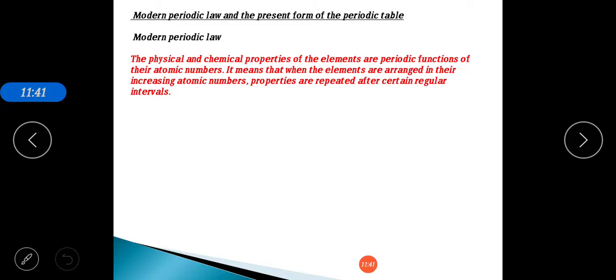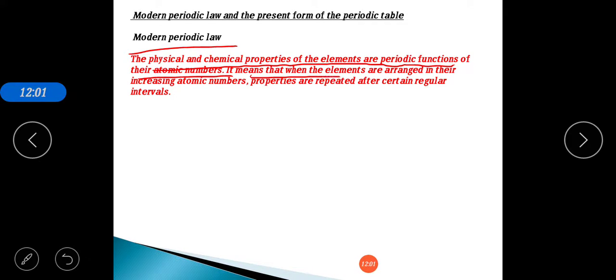Modern periodic law and the present form of the periodic table. Modern periodic law: the physical and chemical properties of the elements are a periodic function of their atomic numbers.